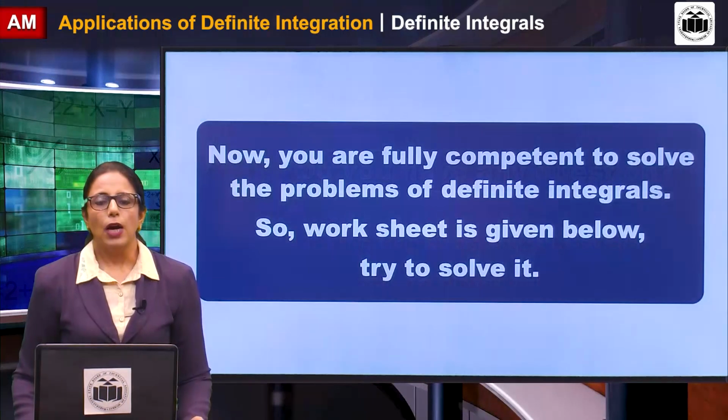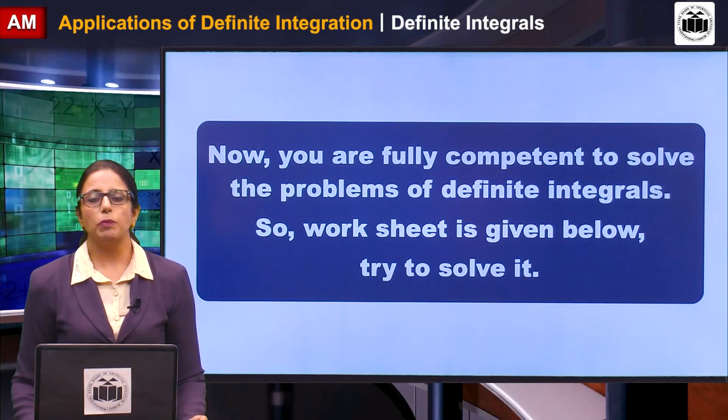That's good. Now you are fully competent to solve the problems of definite integrals. So, a worksheet has been given below. Why don't you all try to solve it?